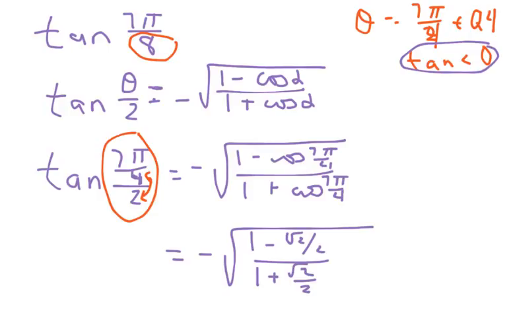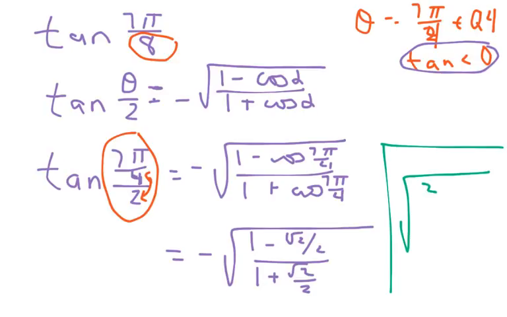I'm going to simplify this a little. I'm going to get square root of 2 minus root 2 over 2 all over 2 plus root 2 over 2. Now what happens here is these two cancel. You can already see where this formula is quite complicated.